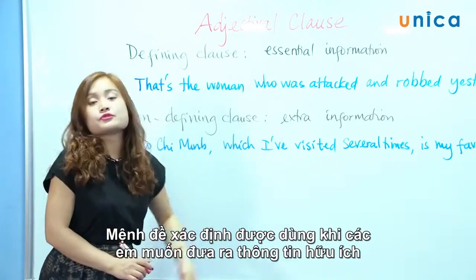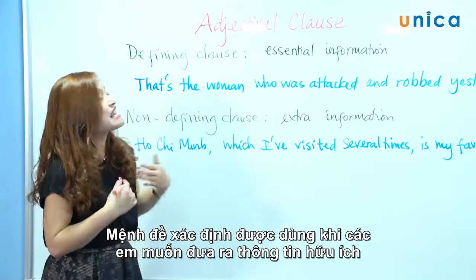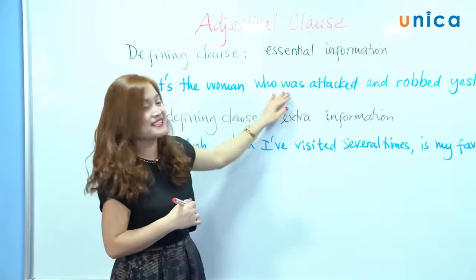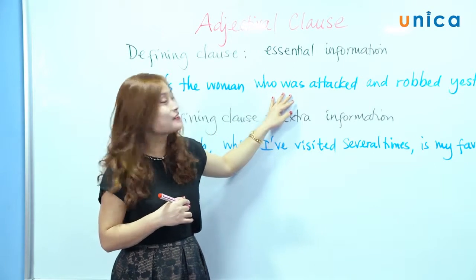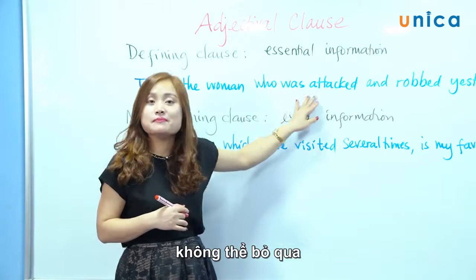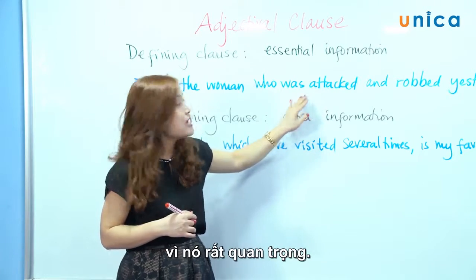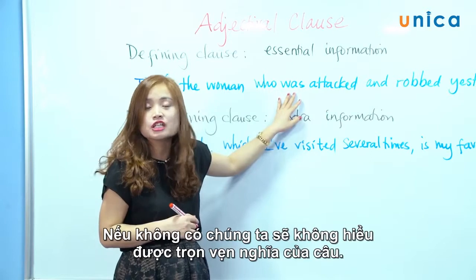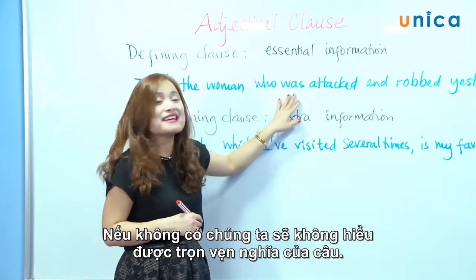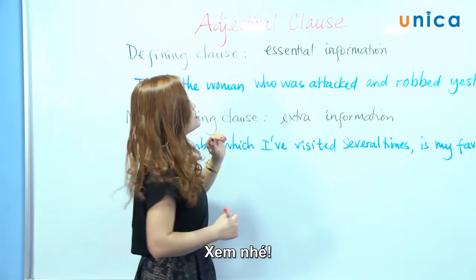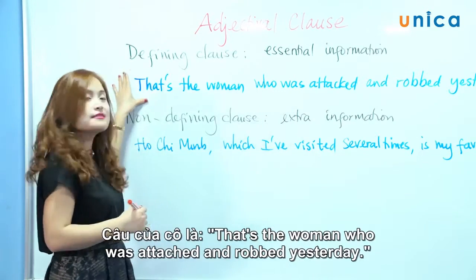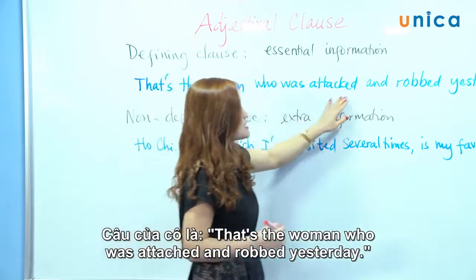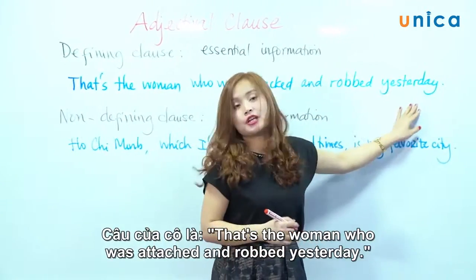Defining clause is used when you want to give essential information. That means the information in this sentence should not be omitted or skipped because this is definitely important. Without it, we cannot understand the sentence fully. So let's see. My sentence is, the woman who was attacked and robbed yesterday.